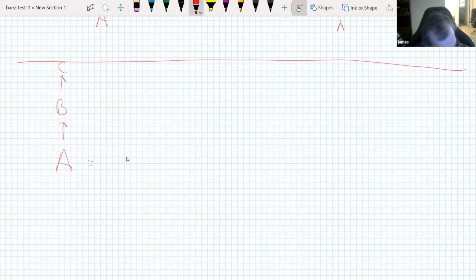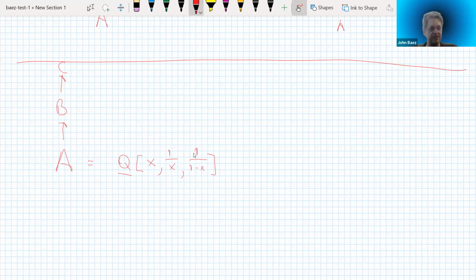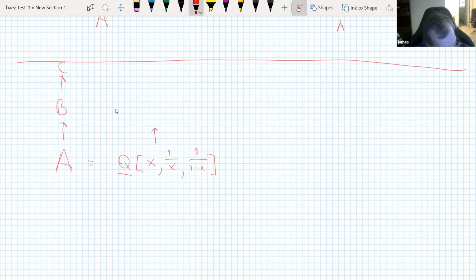So let's take A to be the rational numbers adjoin an indeterminate X and an inverse for X, and also 1 over 1 minus X. And let's take B to be basically the same thing, except with Q bar, the algebraic closure of the rationals.